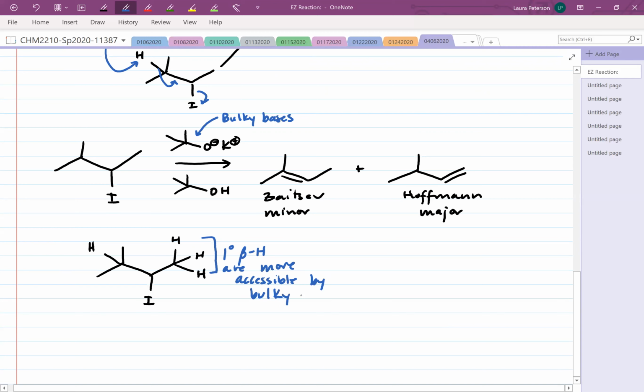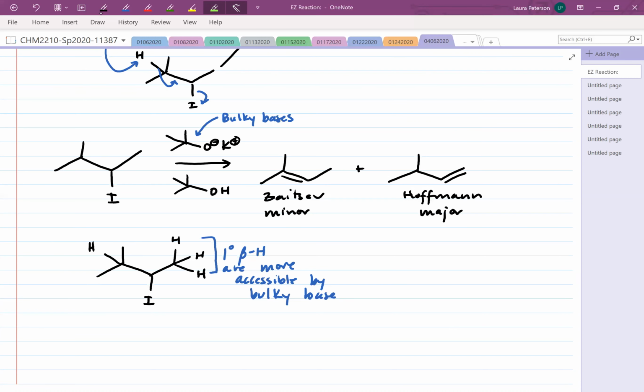Okay, so it's easier for the bulky base, being a sterically hindered base, to approach that primary position rather than trying to fit its way in between these two methyl groups to remove that tertiary beta hydrogen. Okay, so bulky bases are going to remove the most sterically accessible beta hydrogen, and that leads to a shift in the regiochemistry so that the Hofmann product would be our major product.